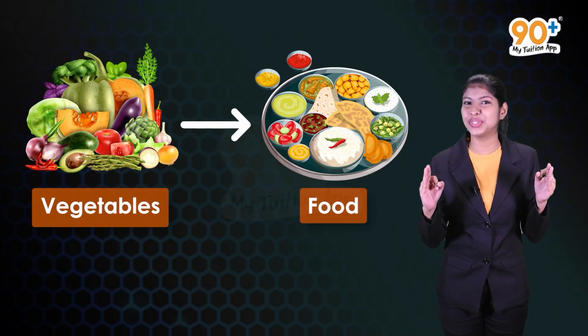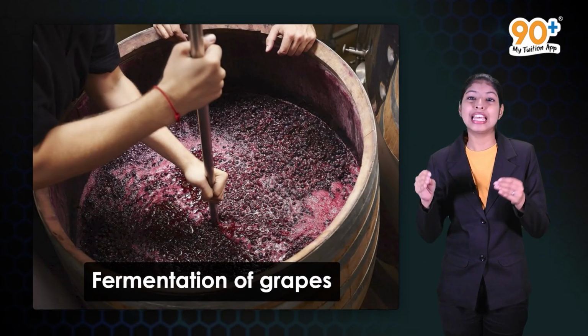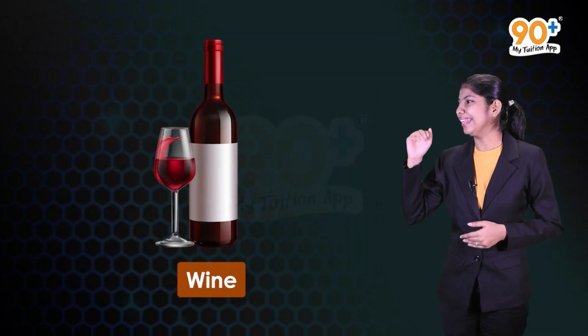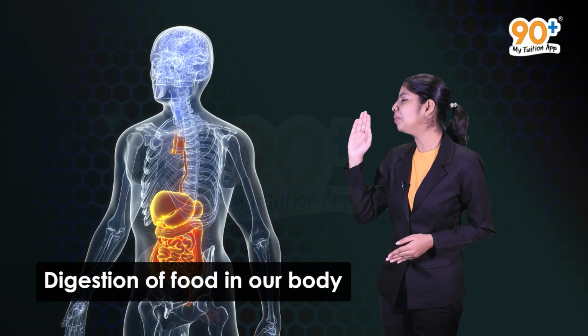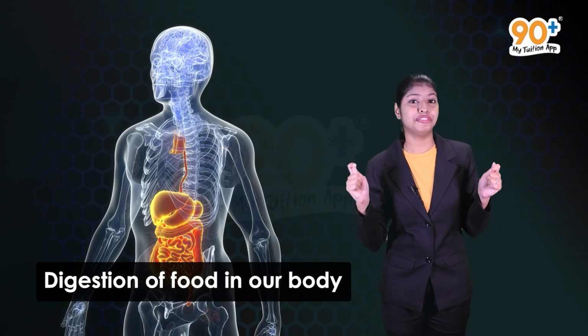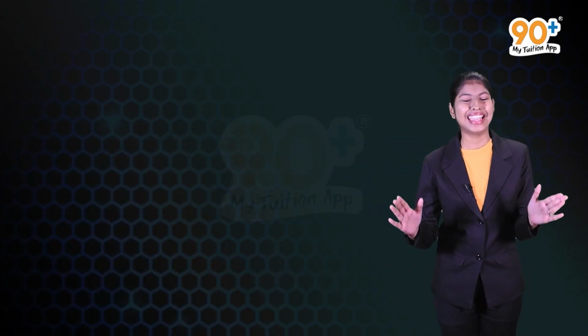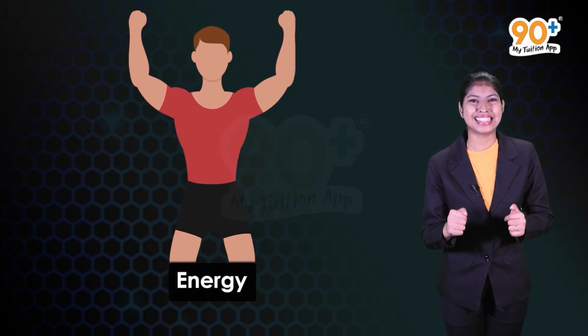The third situation is fermentation of grapes. As a result of fermentation, we will get wine. And digestion of food in our body: as a result of digestion, we will get energy. In the case of respiration also, we will get energy.